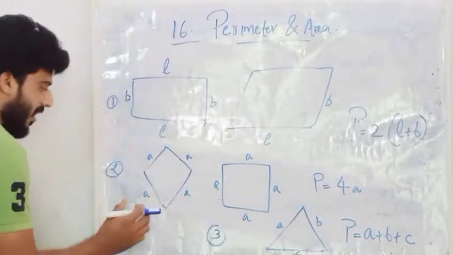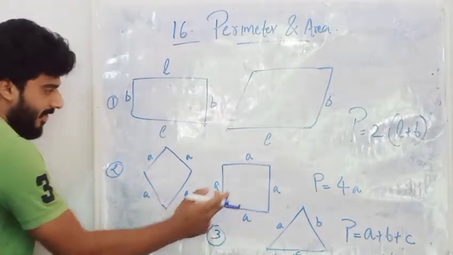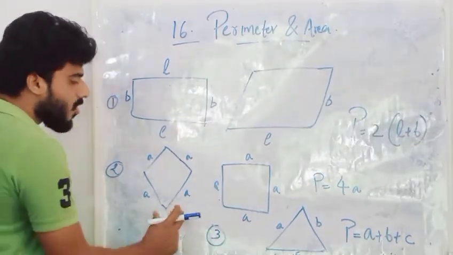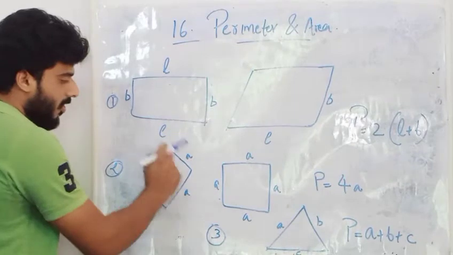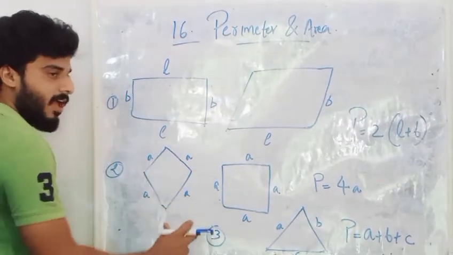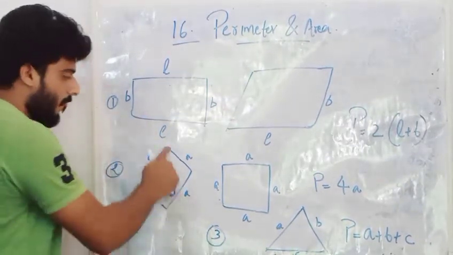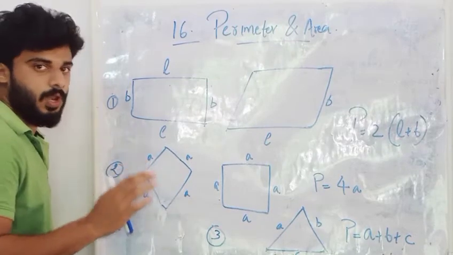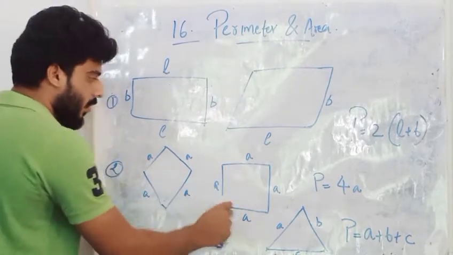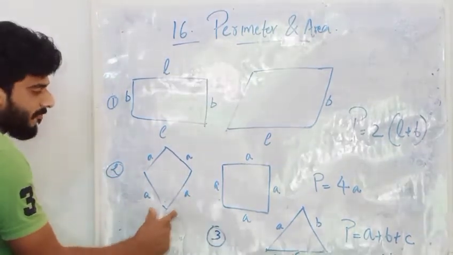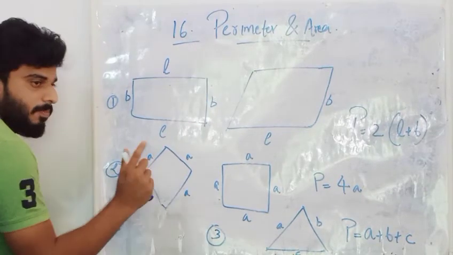Next, this is a rhombus and this is a square. Both have 4 equal sides, and the 4 sides will always be equal. As we all know, a square has its 4 sides equal. In a rhombus also, the shape will be different, but all its sides will be equal.